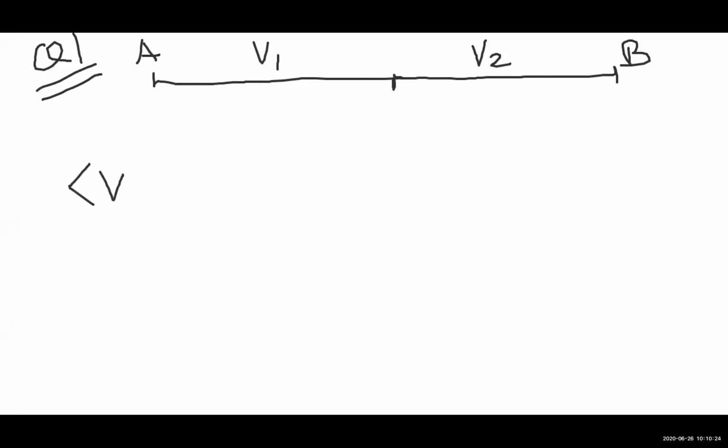And we know that the average velocity vector is equal to displacement upon time. अभी रुक जा पार, अभी हाथ नीचे कर, अभी मेरे को ये करने दे पहले. Okay, average velocity vector is equal to displacement upon time.